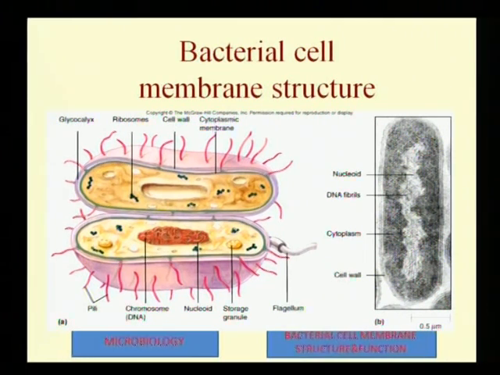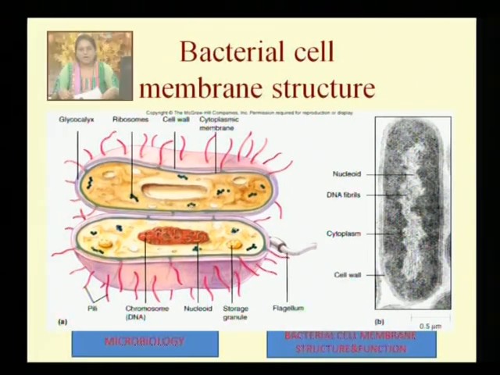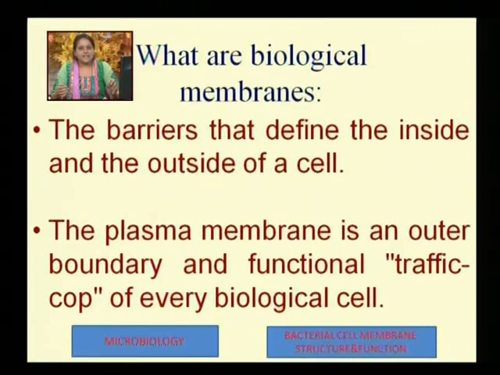It has a cytoplasmic membrane which produces a boundary, separating the living cell from the non-living surrounding environment. So it produces a closed boundary which does not allow any extra substances from outside to inside. As we can see from the slide, what are biological membranes?